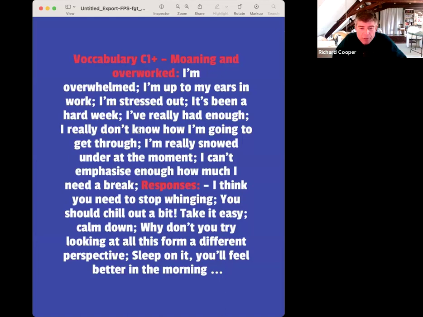And then a good example here of using going to. I really don't know how I'm going to get through the week. So we've got another example here, phrasal verb, get through. I'm really snowed under. There's lots of snow on my work, like snow, and there's a lot of snow on me.